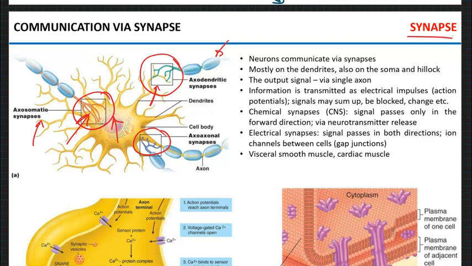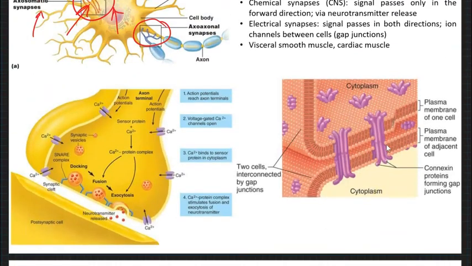All good so far? In the nervous system in general, you will see two types of synapses. Synapses in general can convey signals in different directions, but the only type of synapse that can transmit signals in both directions is the electrical synapse.